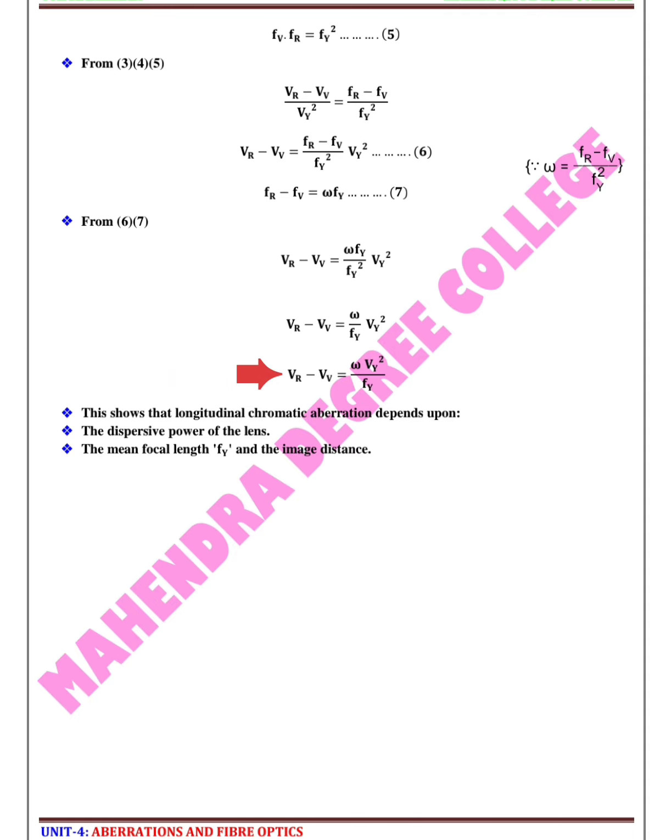Rearranging to find the longitudinal chromatic aberration, we get Vr minus Vv equals omega Vy square by Fy.